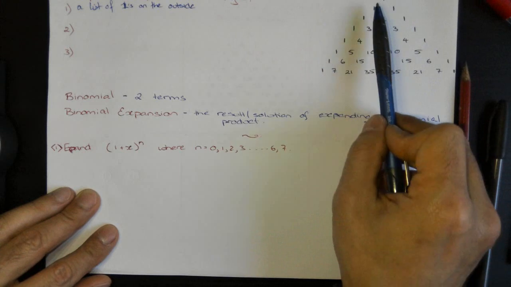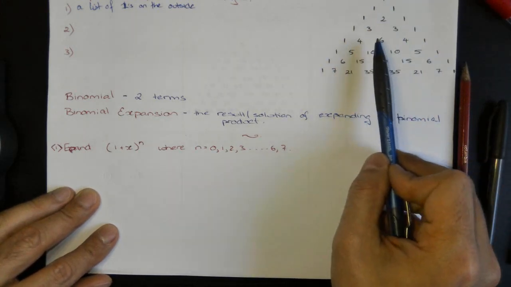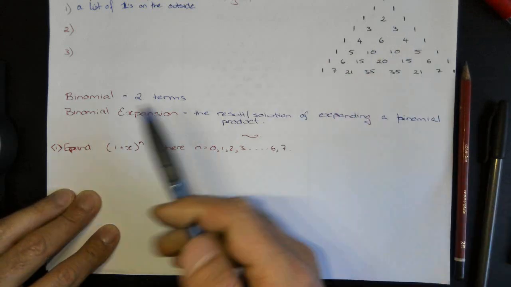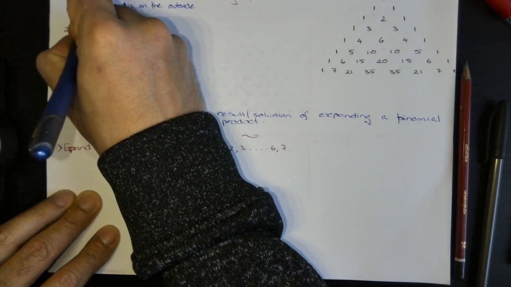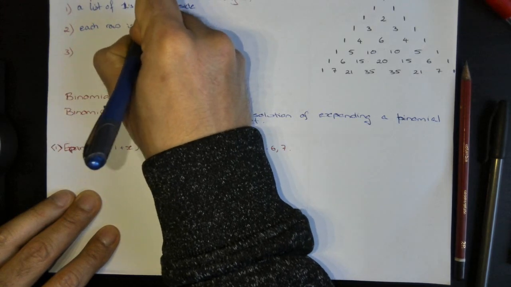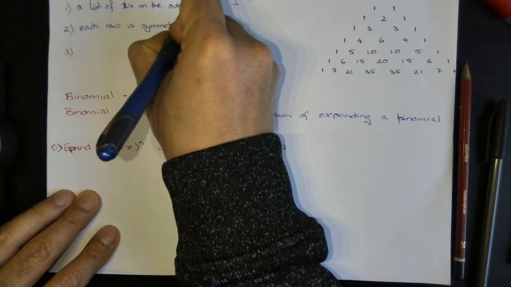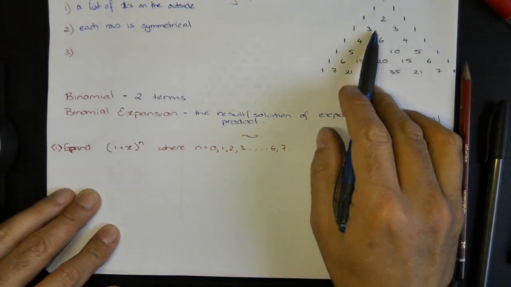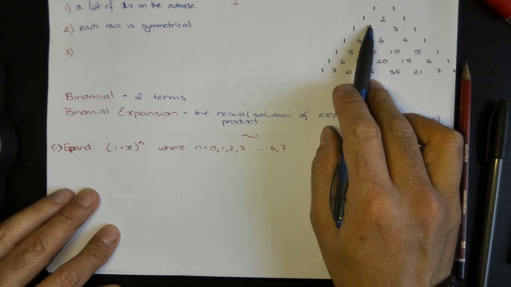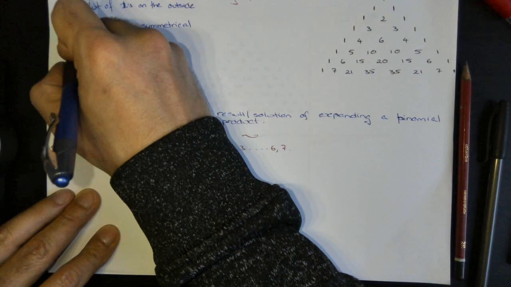So I've got 1, 1, 1, 2, 1, 1, 3, 3, 1, 1, 4, 6, 4, 1. Each row is symmetrical, and you obtain the number in between by adding the two numbers above.